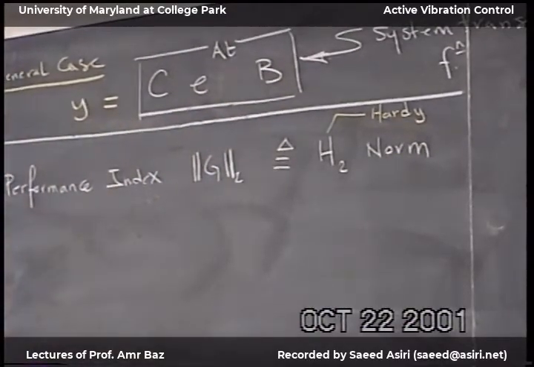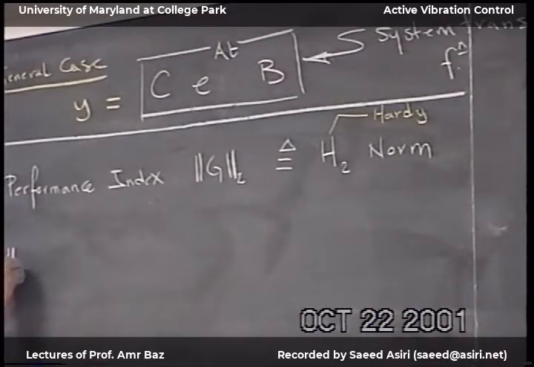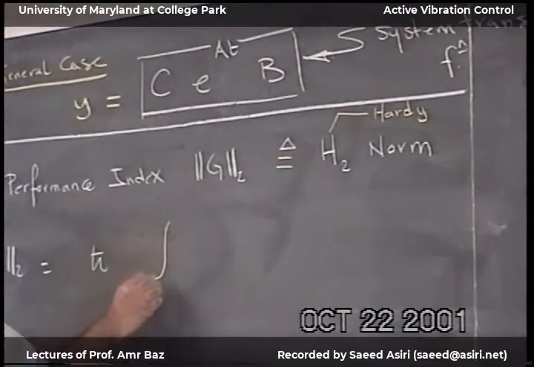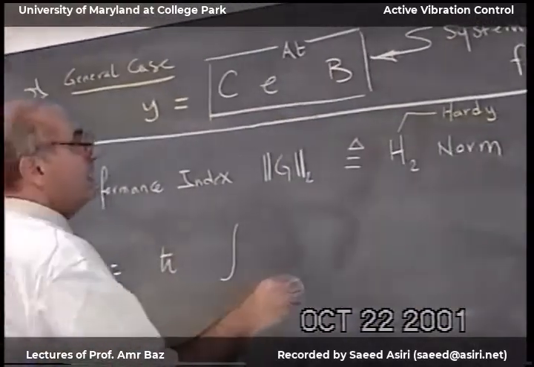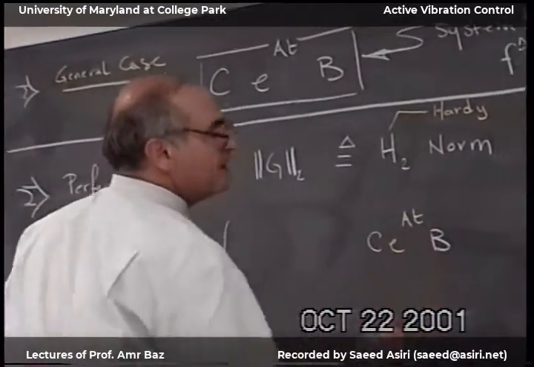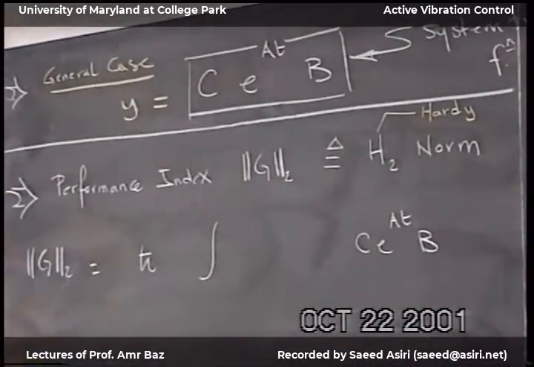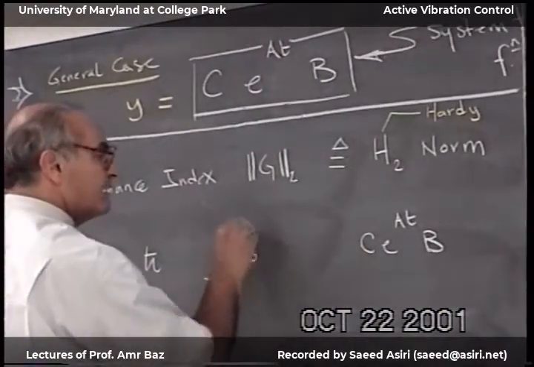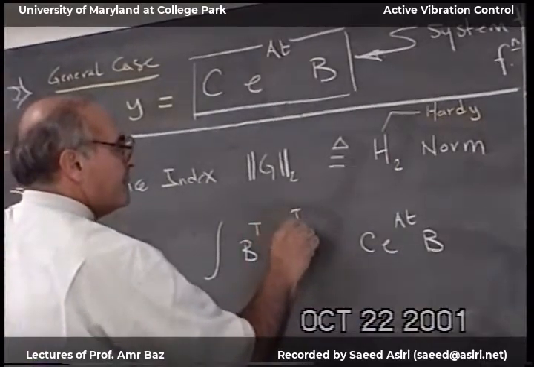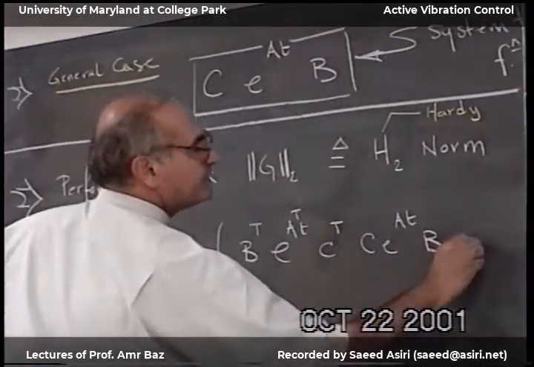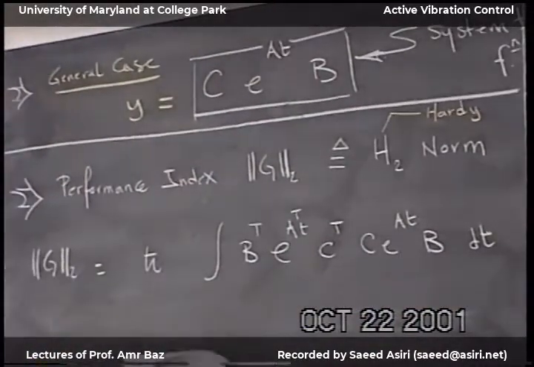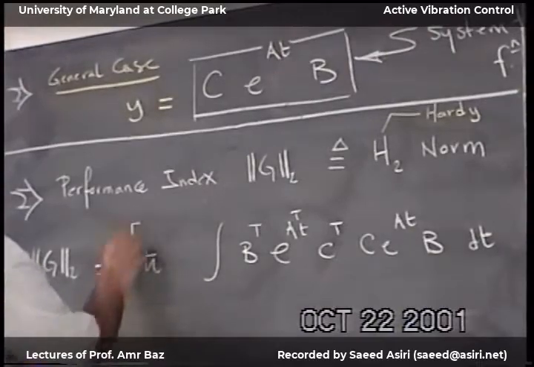So now I can write this like G2 will equal the trace integral, and then I have C e to the A, T, and B. And then I transform these, so this becomes B transpose e to the A transpose t, C transpose dt, and then I'll put the trace, and then I take the 1/2.